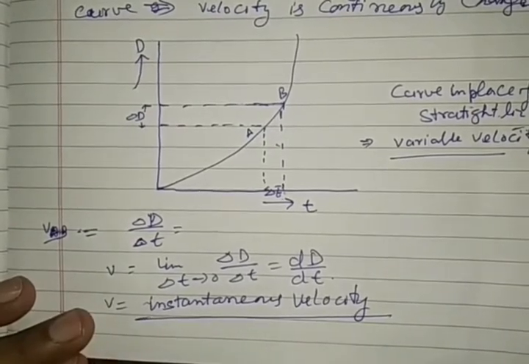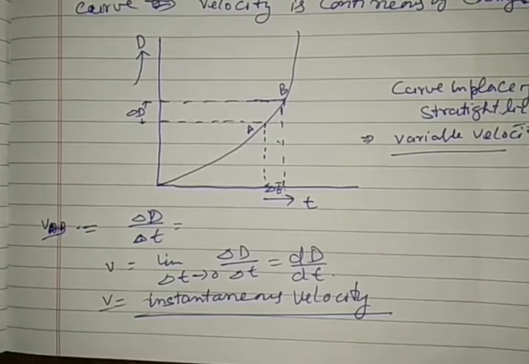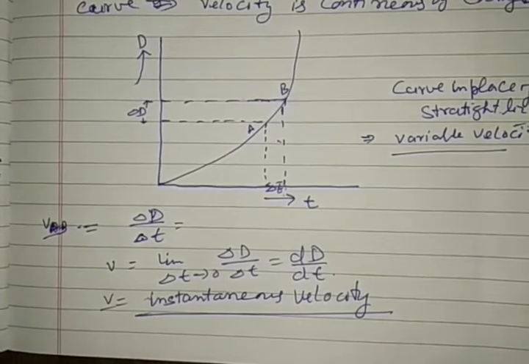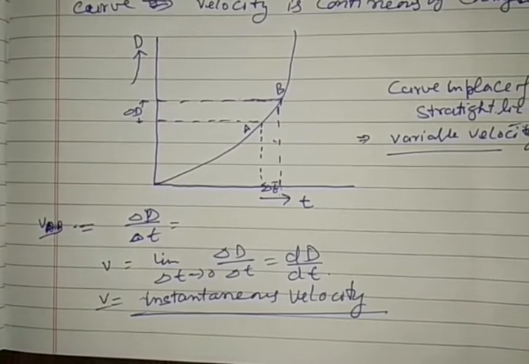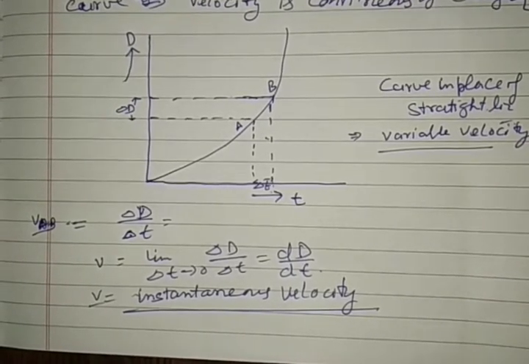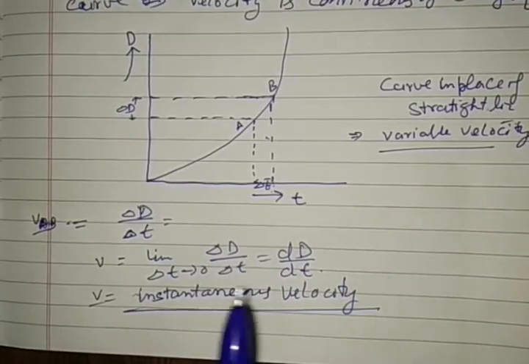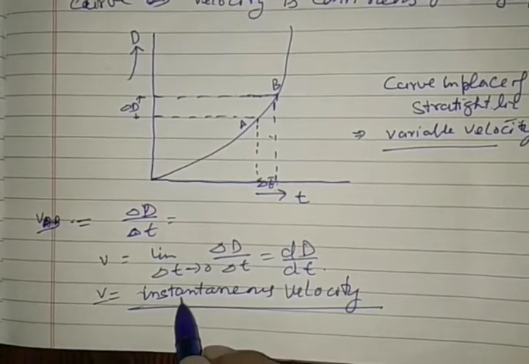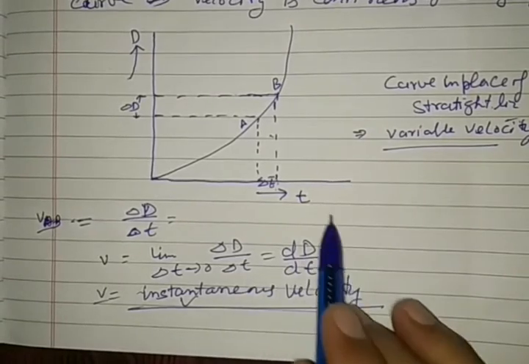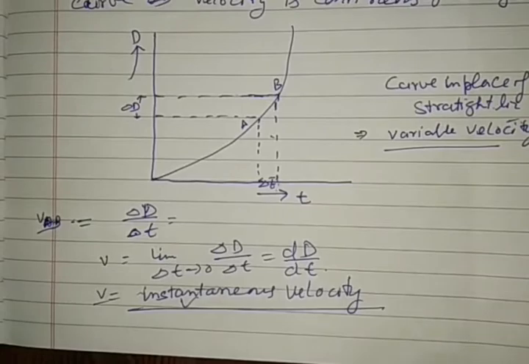If during motion the velocity changes with time, we are not able to calculate the velocity directly, so we calculate instantaneous velocity, which is obtained by this formula.